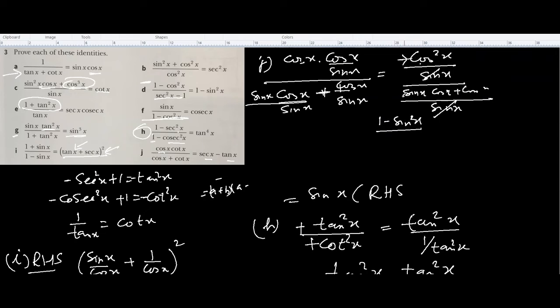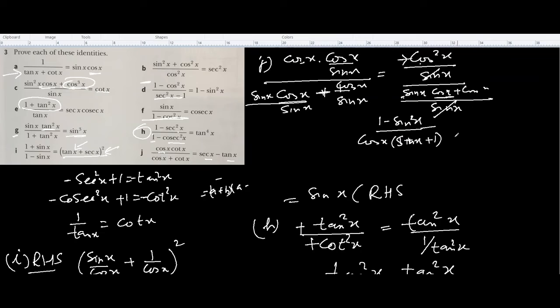Now we can take sin x cos x. The cos x we can take common here. Let's take cos x common, so we'll be left with sin x plus 1.